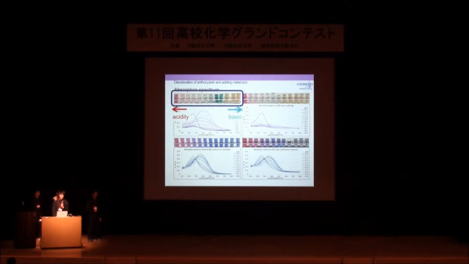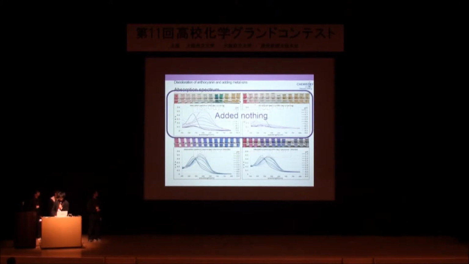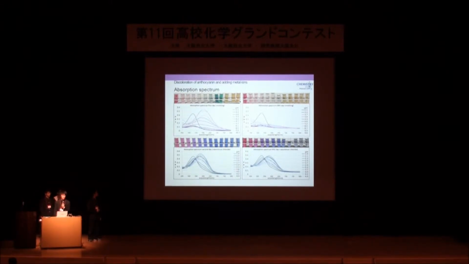These figures show the piled absorption spectrum of each pH, and the right figures are 4 days later. We measured them using the absorption method. These are the figures of nasunin solution, nothing added. And the others are ones, aluminum chloride added. In comparing them, we saw the aluminum ion stabilized the coloration of nasunin.